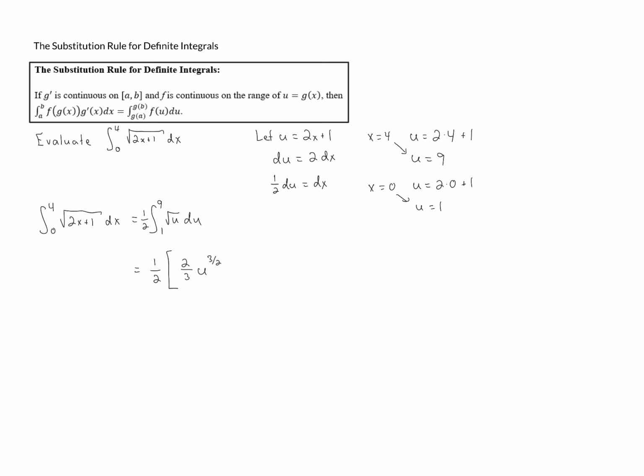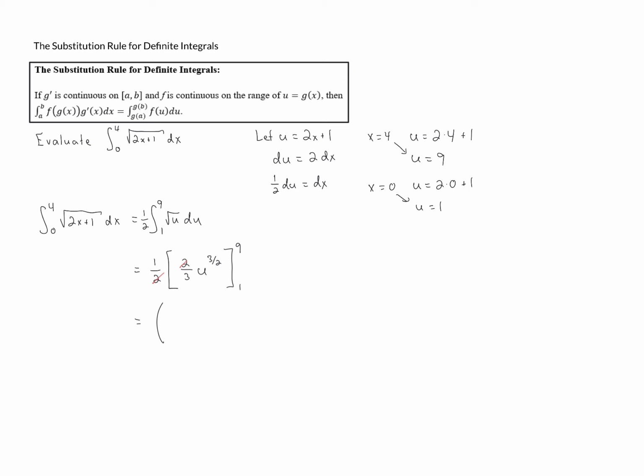We've done that several times, so hopefully you remember that. We don't need a constant because this is a definite integral. And when we have a definite integral, those constants are going to cancel. We also can see that the 2's are going to cancel. And so we end up with 1/3 times u to the 3/2 power, evaluated at 9 and 1.